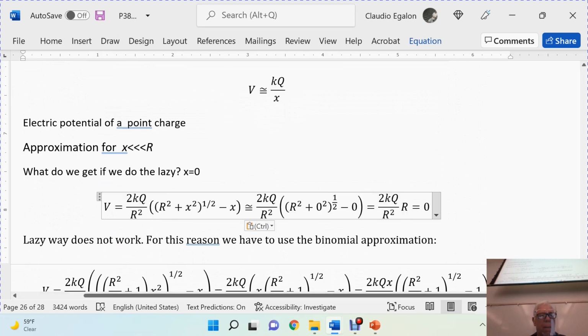Okay, a lazy way, we get a uniform electric potential. Oh yeah, that's right. Okay, the lazy way doesn't work. Why is that? There's a reason why the lazy way doesn't work.